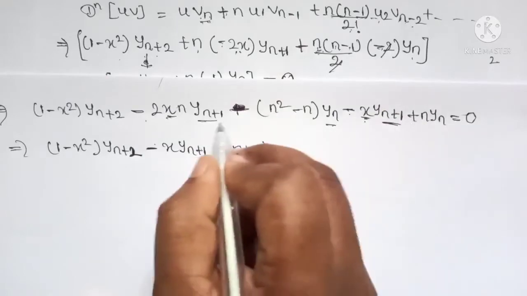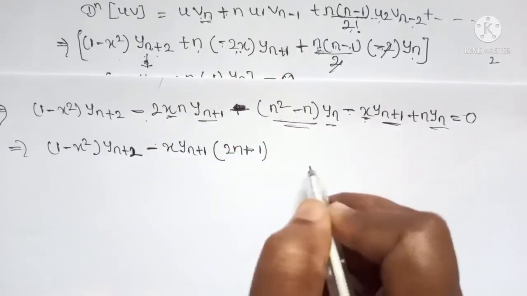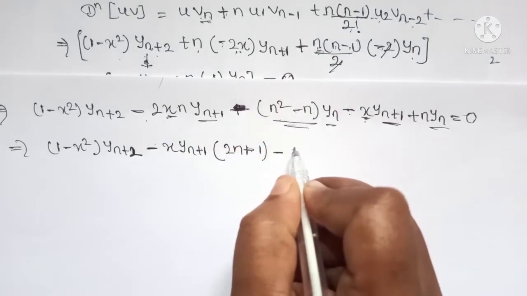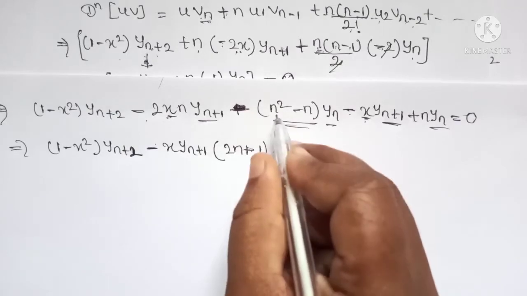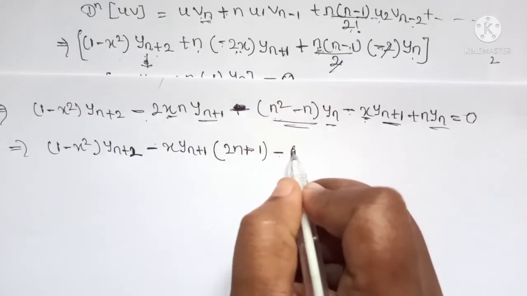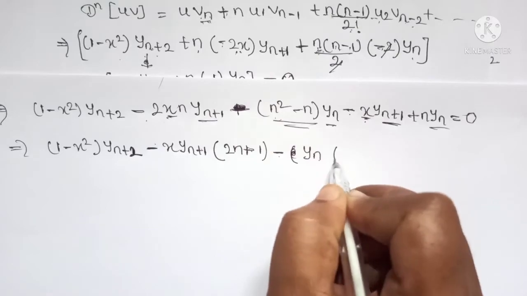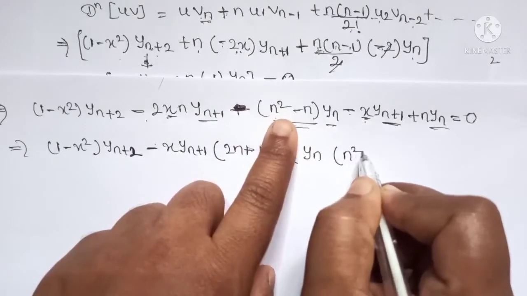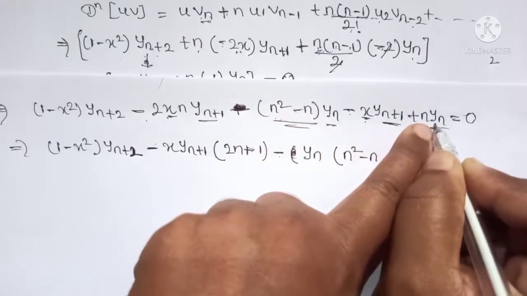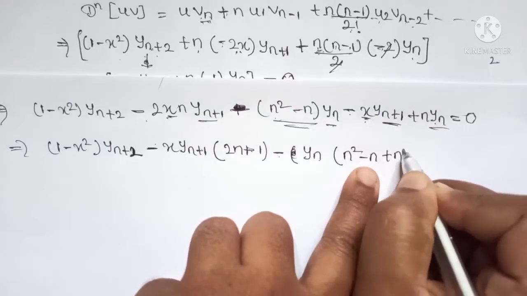Next, in these two we can take yn common, so on taking the minus sign outside into yn common, here we get n square minus n, and from this we get plus n.